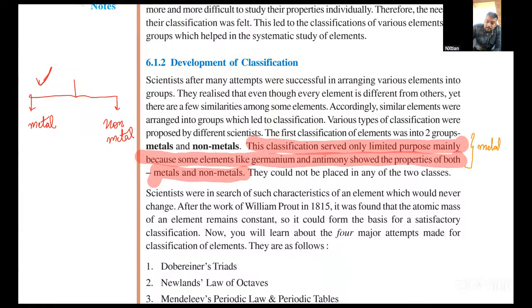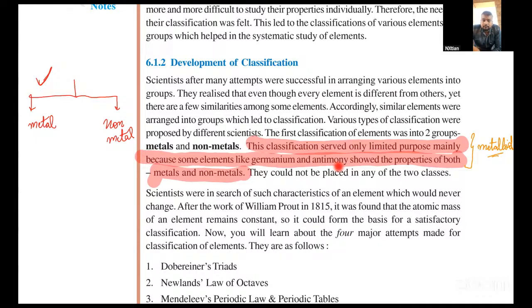So the problem in this classification is that metals come under metals and non-metals come under non-metals, but there are some elements, germanium and antimony, which show both properties of metal and non-metal. So where will you place them? That's why it failed. Did you understand? They will ask about failures a lot.